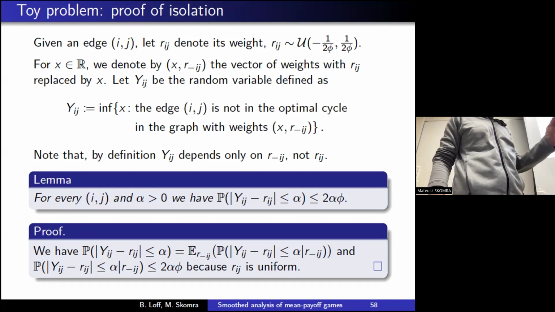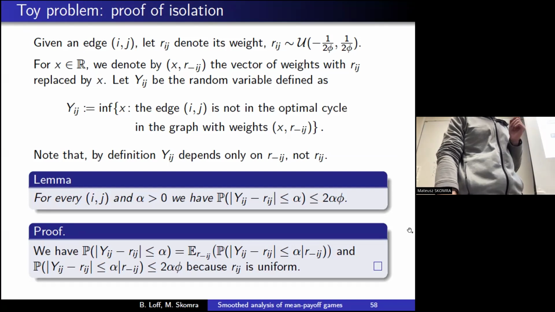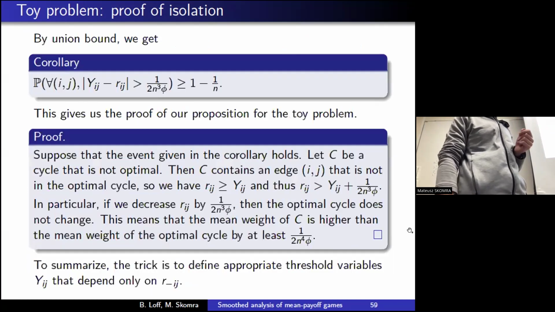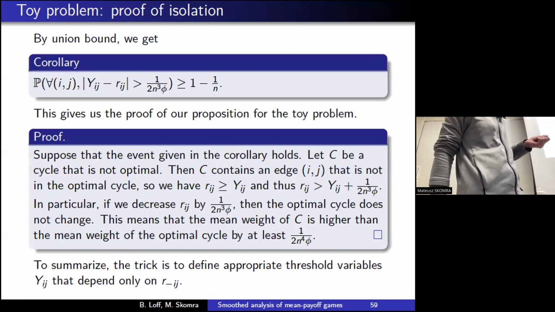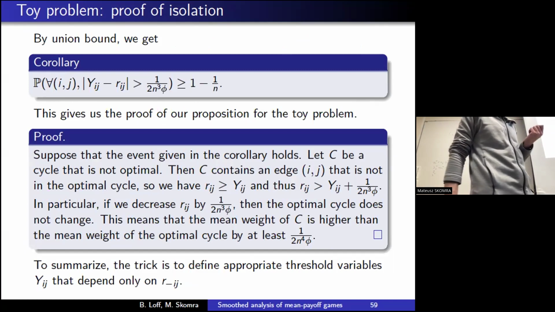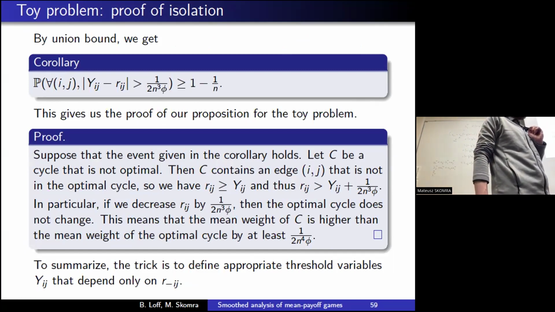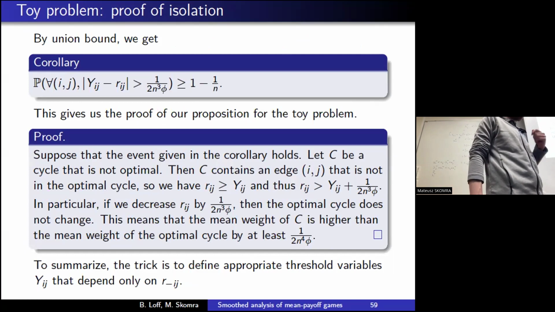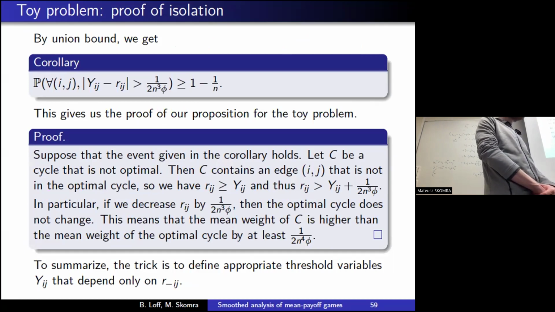So you are far, right? Now you have the union bound. So by the union bound, with high probability, every edge is far away from its threshold. But what does this mean for your optimal cycle? Suppose that this holds, which holds with high probability, as we have just shown.